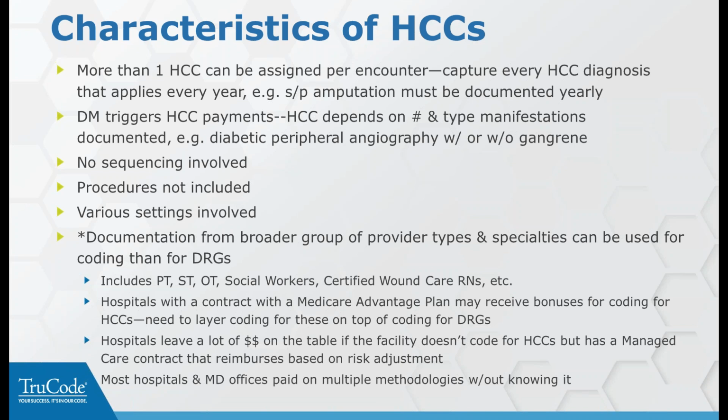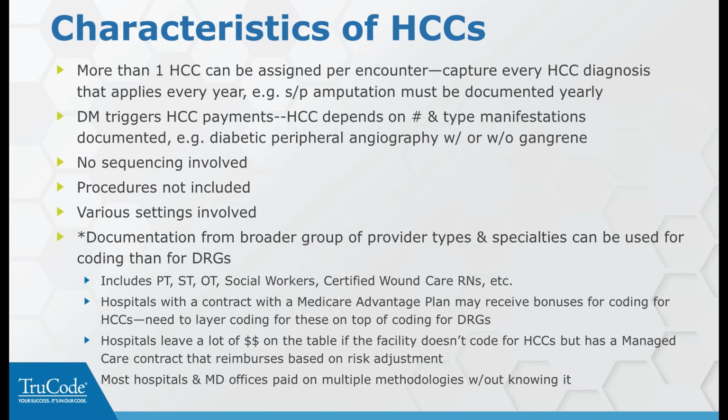In the example I have up there, status post amputation, if that gets documented the first year that this patient's record is started, but it drops off at some point down the line, you're not going to get credit for that going forward. So anything that affects that patient's risk adjustment has to be documented every single year in order for it to be counted.